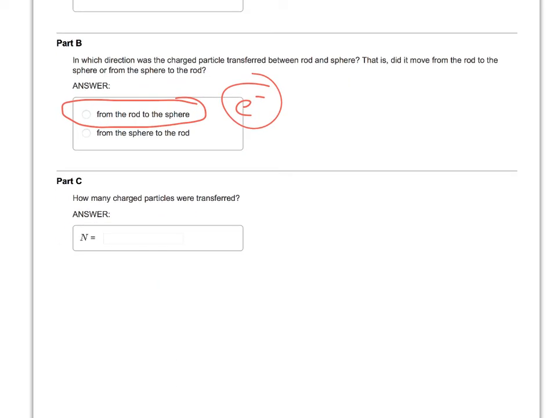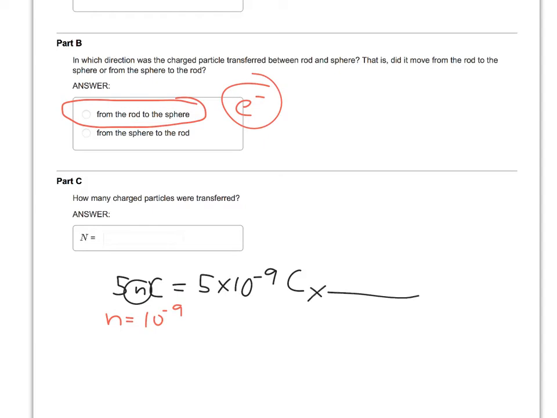Last question asks how many particles were transferred. So for that, we're just going to think about how much charge each electron has. We know it was 5 nanocoulombs of charge transferred, which is 5 times 10 to the negative 9th coulombs, because nano means 10 to the negative 9th. And so we're just going to convert that from coulombs to fundamental charge, the charge of an electron.